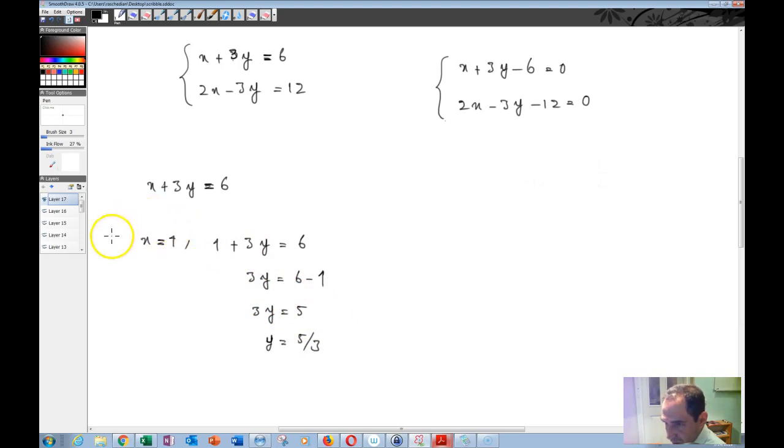so you see that if I set x is equal to 1, for example, I'll get y is equal to 5/3. So (1, 5/3) would be one point on the graph of this equation. But now it's not easy to plot such points, especially if you were doing it on graph paper or on square paper. It would not be easy to find 5/3 on your graph paper, it's not very straightforward.